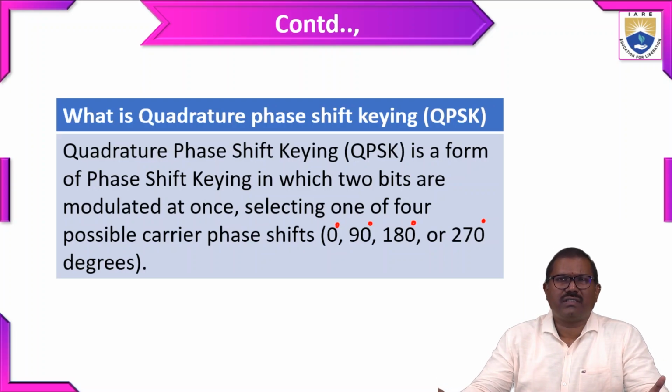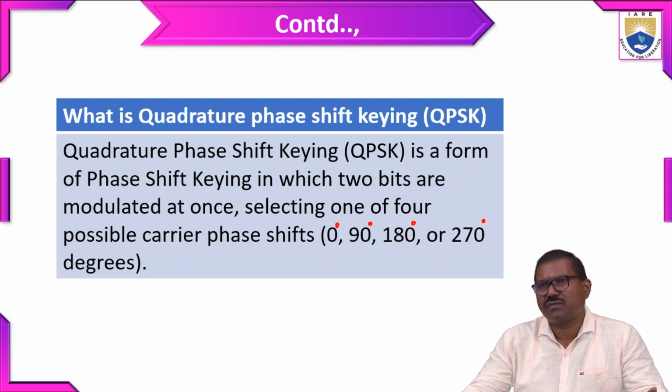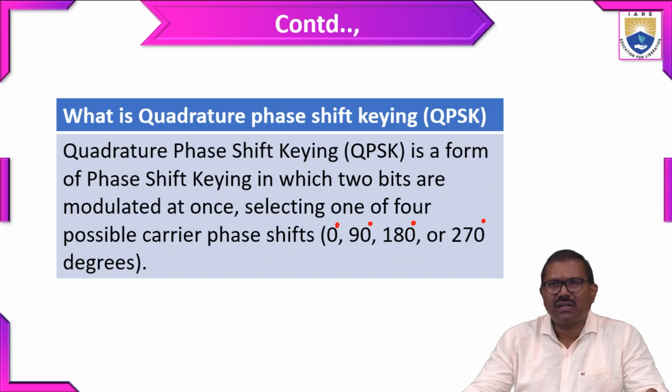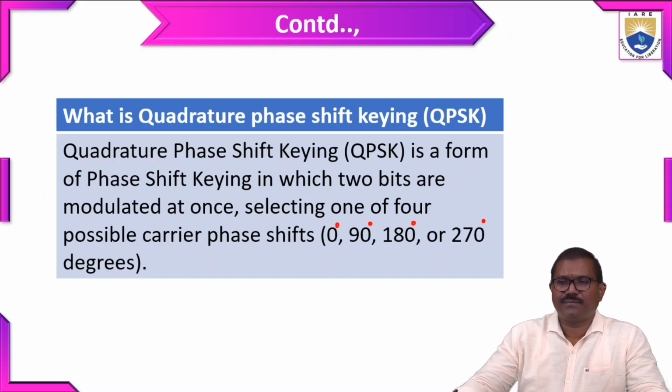So we are losing some bandwidth. For bandwidth utilization, we move to QPSK. So QPSK can send 2 bits at a time. That can be called a dibit. It is in the form of gray codes. Okay. So QPSK is the advanced and more widely used modulation technique.